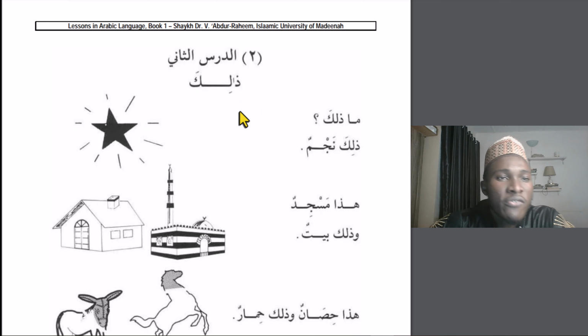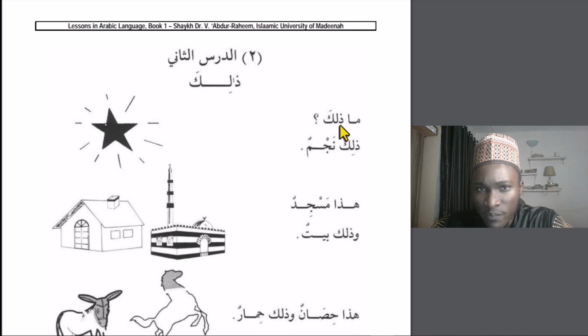Now the Mu'allif in the previous lesson has talked to us about hadha, and hadha is ismu al-ishara lil-qarib. In the Arabic language, we have two different ismu al-ishara: ismu al-ishara lil-qarib and ismu al-ishara lil-ba'id.